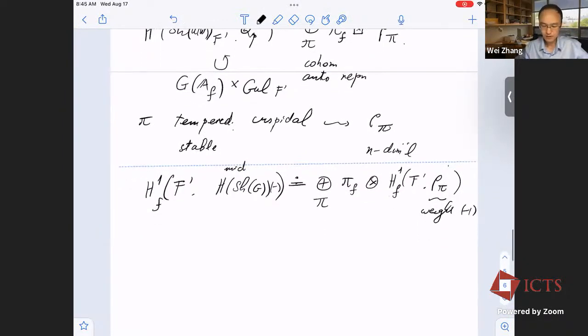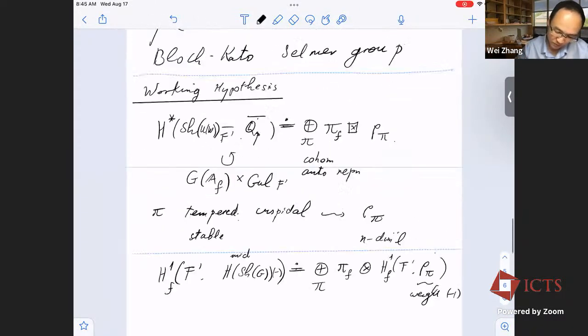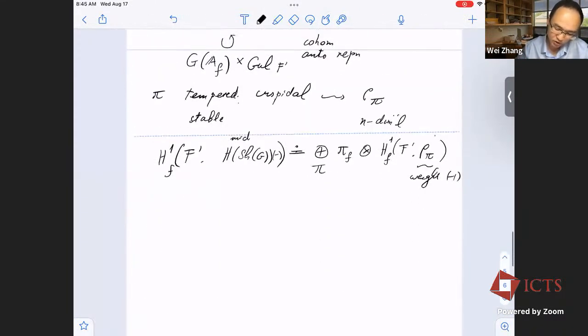So here, this decomposition. Now, remember I have a sub-variety of correct dimension. So let's say I take one linear functional inside the dual representation, the contragredient representation.